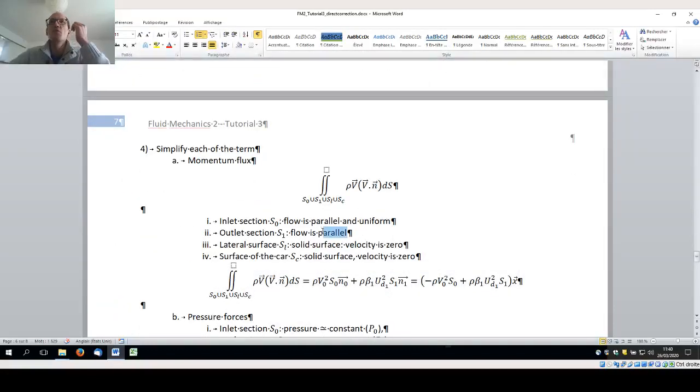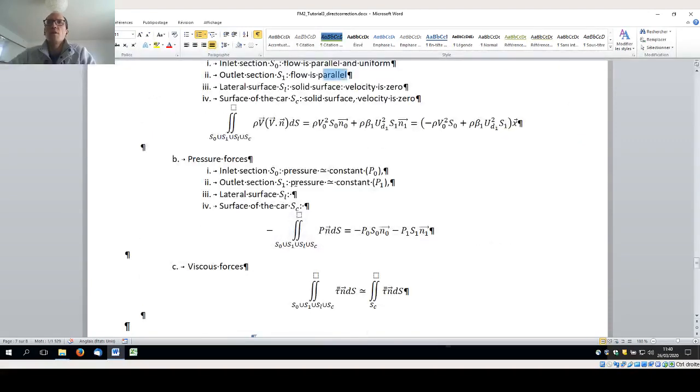If this is an information which is not provided to you, I can remind that it's coming from the fact that flow is parallel plus gravity neglected.